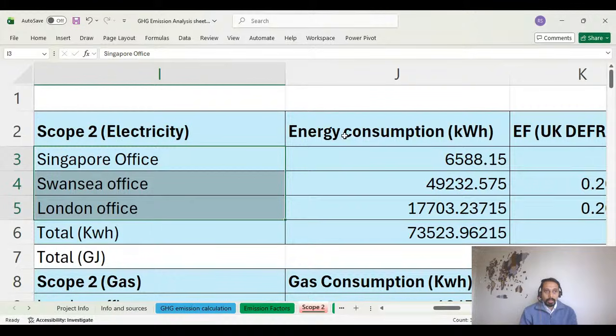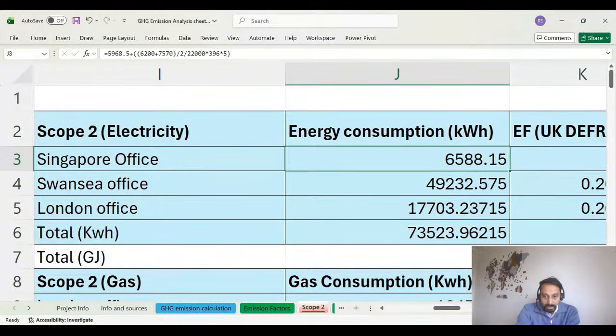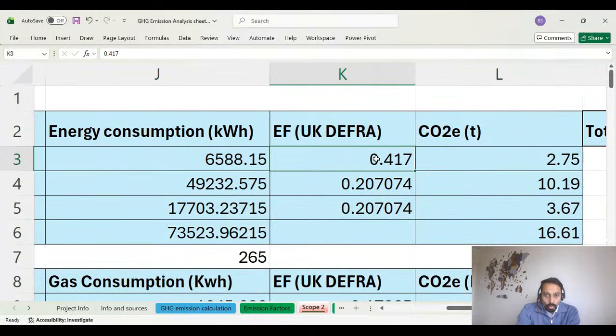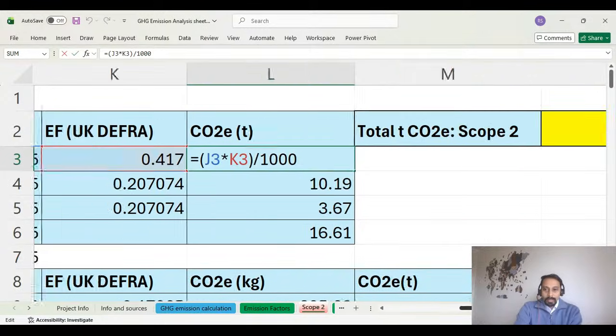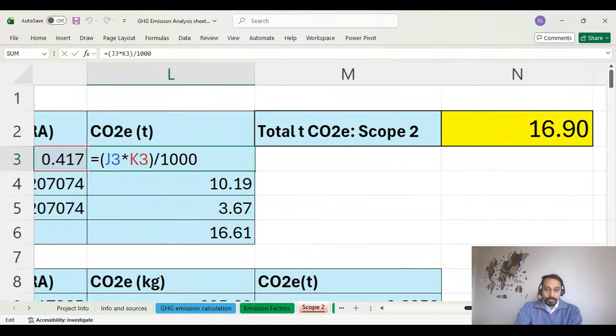If your company also has a manufacturing unit, then you also have to mention it in scope 2, calculate the energy consumption, and then calculate the scope 2 emissions. In the Singapore office, this is the energy consumption in kWh. For the scope 2 emissions, the location-based emission factor is 0.417, and the overall CO2 equivalent will be 2.75. It is a simple multiplication of energy consumption by the emissions factor. Similarly for the London office, and the total will be 16.90 tons of CO2 equivalent for scope 2.